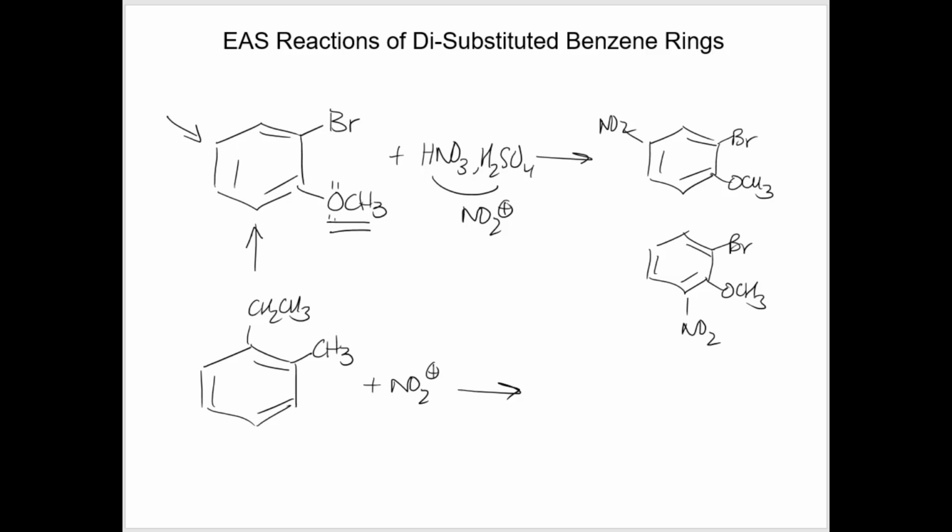If these are equal, then this ethyl group is pointing ortho, para, this methyl group is pointing ortho, para, and so I would get 4 products. I would get all 4 products of that reaction. So when they're equal and pointing in opposite directions, then you get a whole mixture of products. Okay. So that's how we handle when more than one group is on the ring.